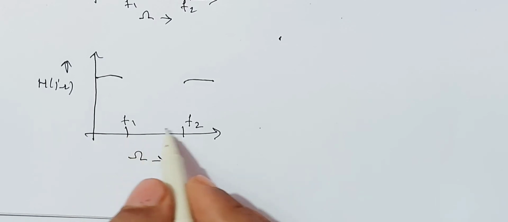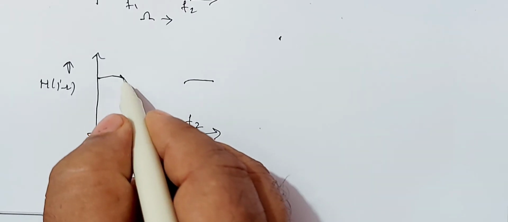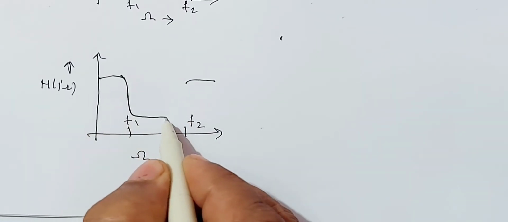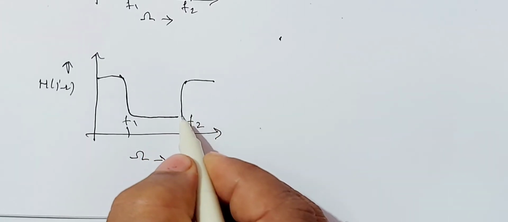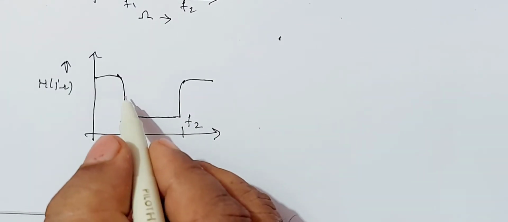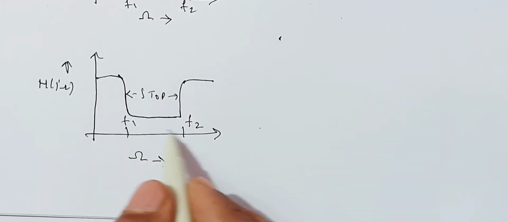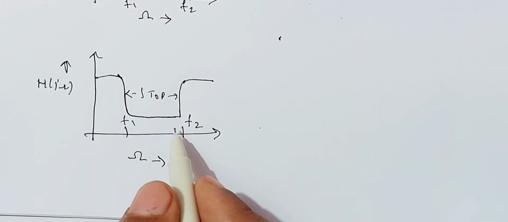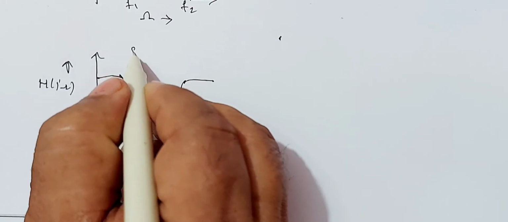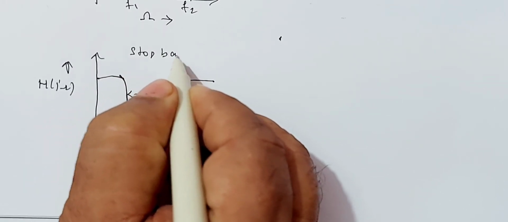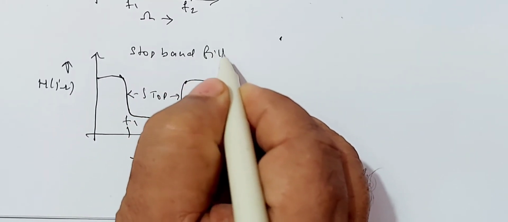Between the band of frequency from f1 to f2 you get a stop band, that is, output voltage stops. Since the output voltage stops, this is a stop band. For a band of frequency from f1 to f2, this filter is called band stop filter.